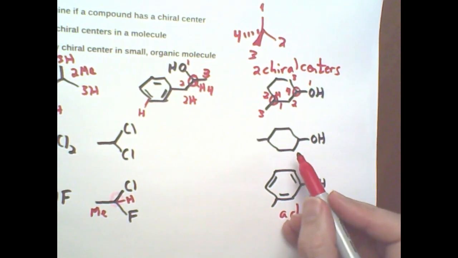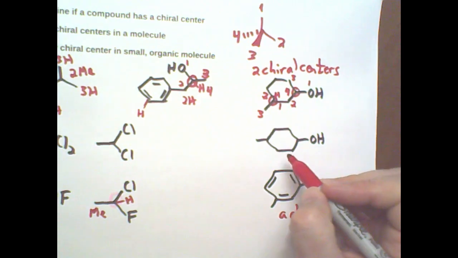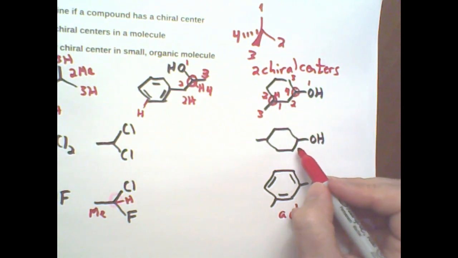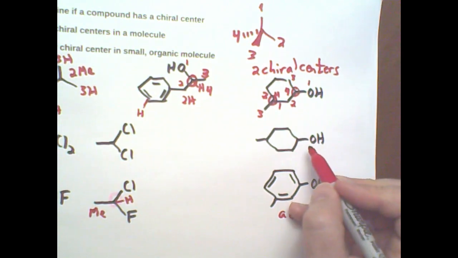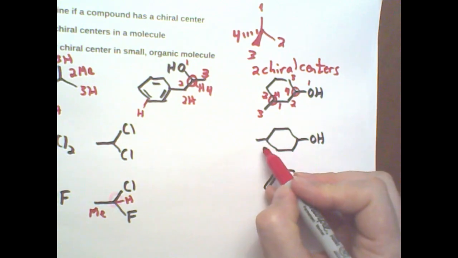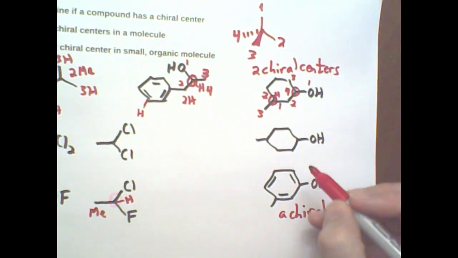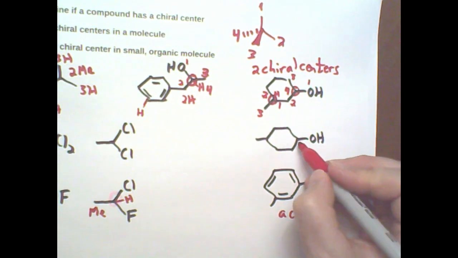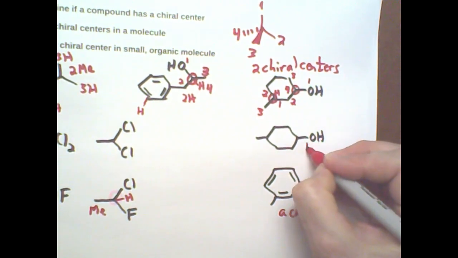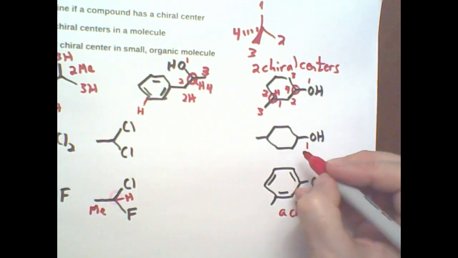Let's look at this one here. It is very similar. They're both cyclohexanol with a methyl group. They're both methyl cyclohexanol. But in this one, we've got the OH group. That's our first group.